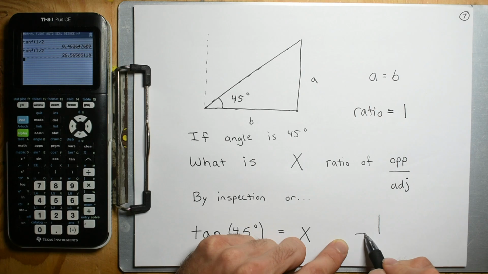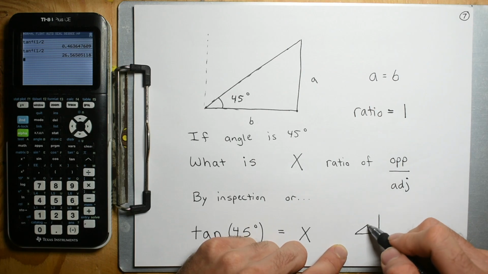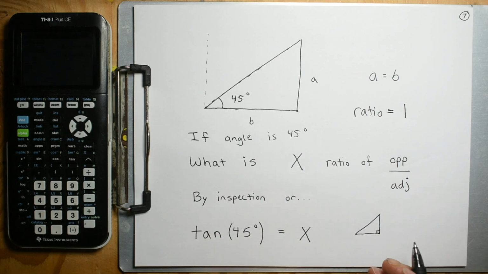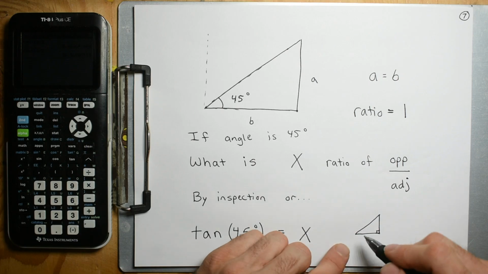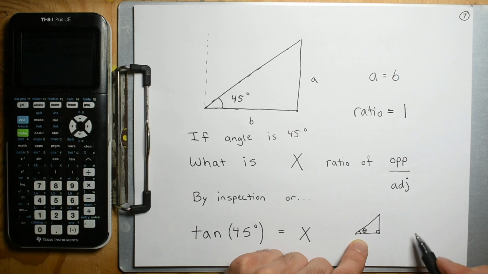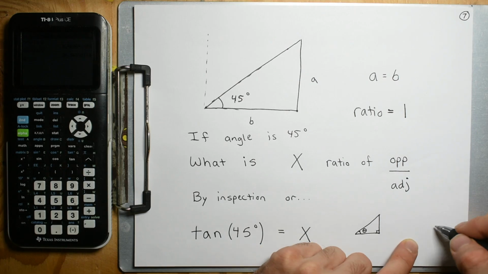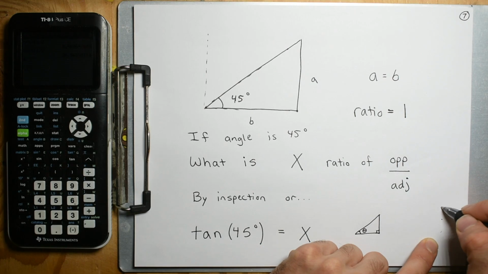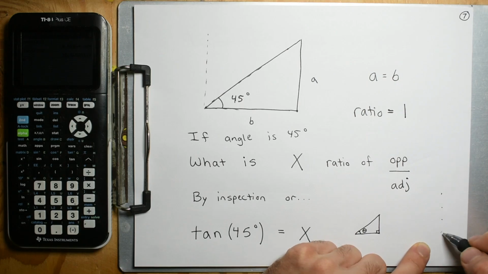But the nuts and bolts of this is like, hey, let's do the opposite to be length of 1 and the adjacent to be length of 1 and make our right triangle. Just doing that, we know what this angle is. I know the angle is 45, and I can measure it. If I said I wanted this to be 3 lengths, so the opposite is 3, the adjacent is 1, the ratio is 3 to 1, or a ratio of 3.